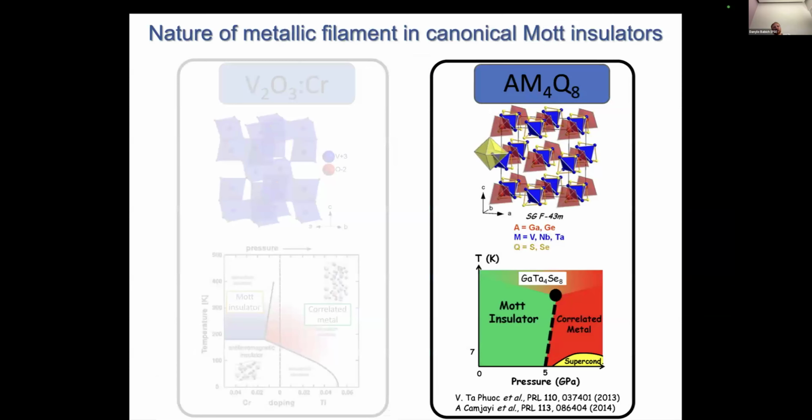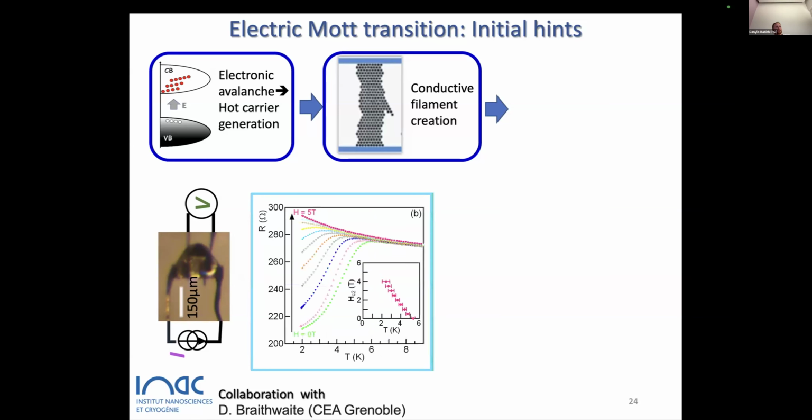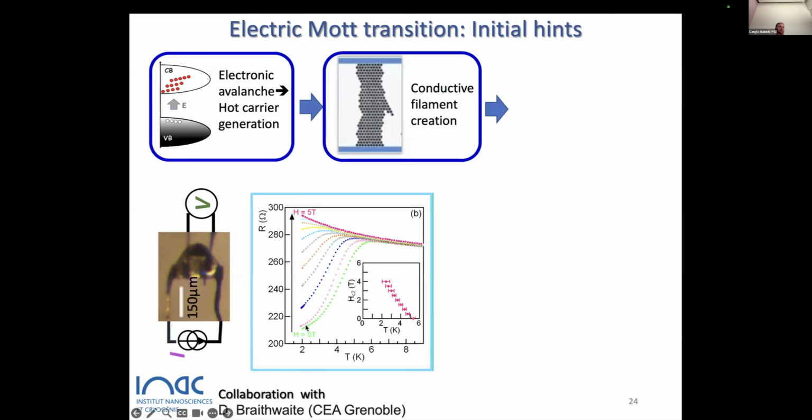And I would just like to note that under pressure, at low temperature, you have a superconductivity phase in such a material. If you do resistivity versus temperature transport measurements, you can see a superconductivity state at low temperature, which can be canceled by a magnetic field.